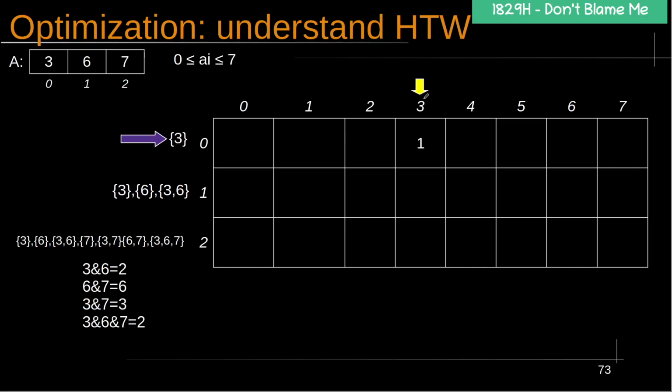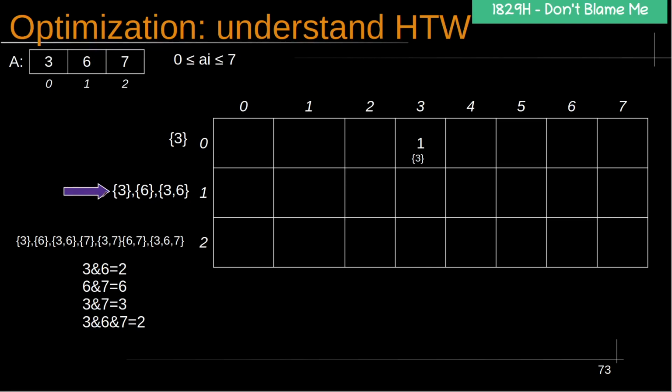Its bitwise AND result is equal to 3. 4, no. 5, no. 6, no. 7, no. We go to the next row for these subsequences.